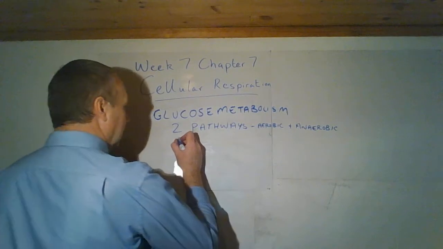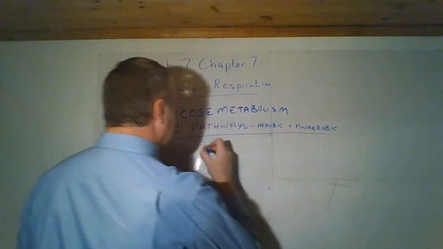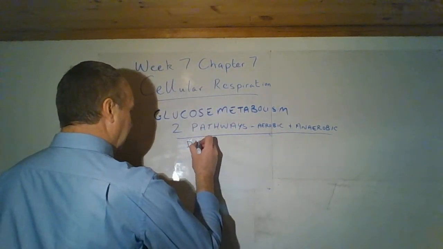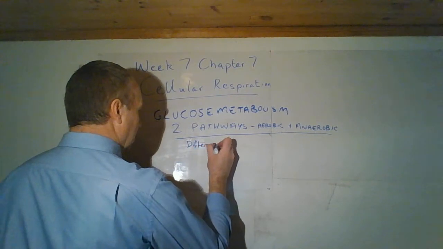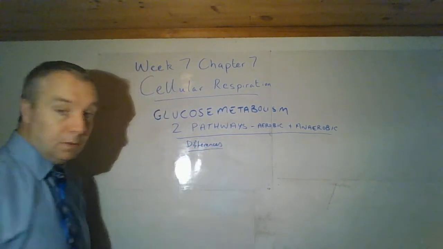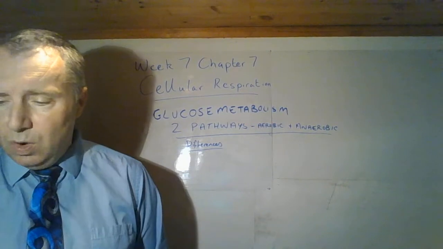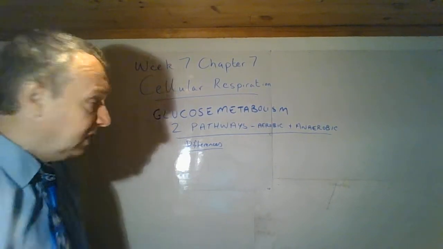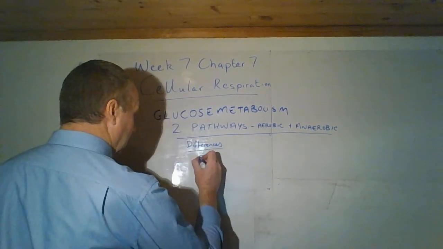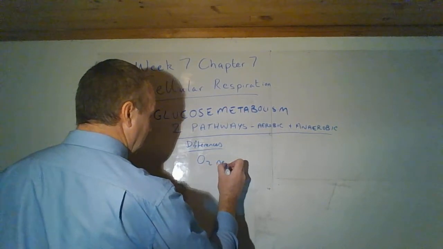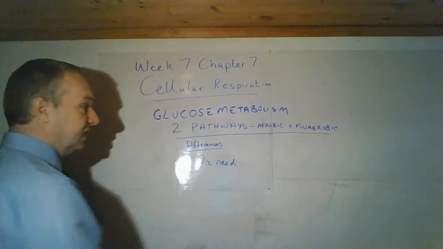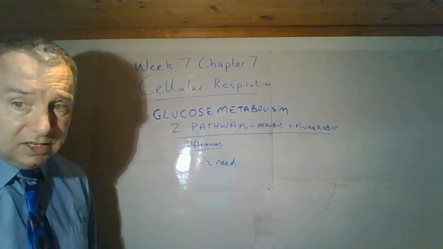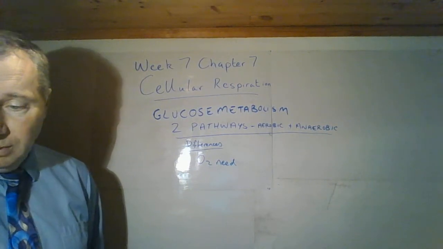Let's look at some of the differences between these 2 pathways. One is oxygen need. Oxygen is necessary for the aerobic pathway. It is not necessary for the anaerobic pathway.